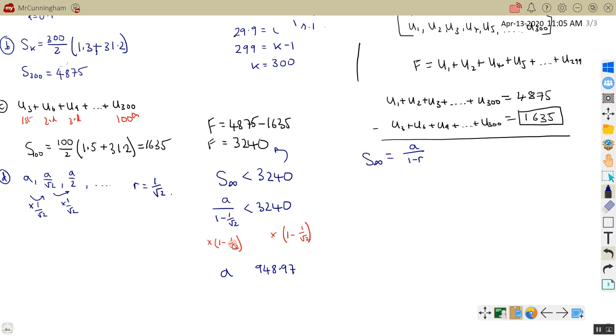Okay, and we're multiplying both sides. This is actually a positive number, so it doesn't affect my inequality sign. So a has to be less than 948.97. So a is going to be equal to 948.